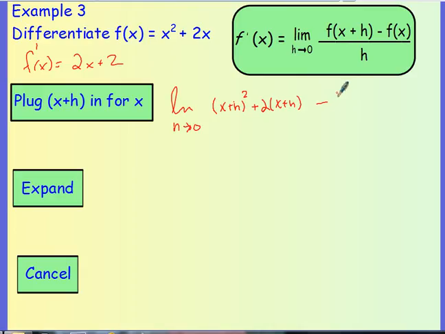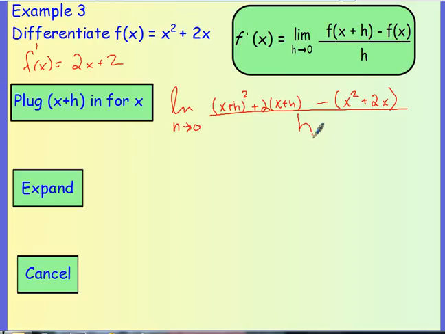Don't forget, because there's more than one term, I am going to have to add parentheses. Why do you think I have to add parentheses? That minus sign is going to have to be distributed. Anytime it's more than one term, always put parentheses because that minus sign has to go to both.